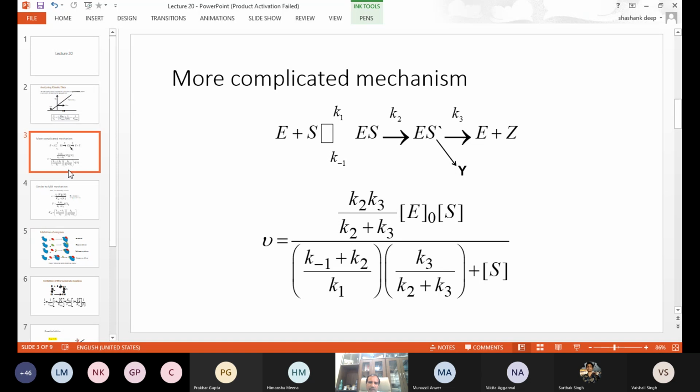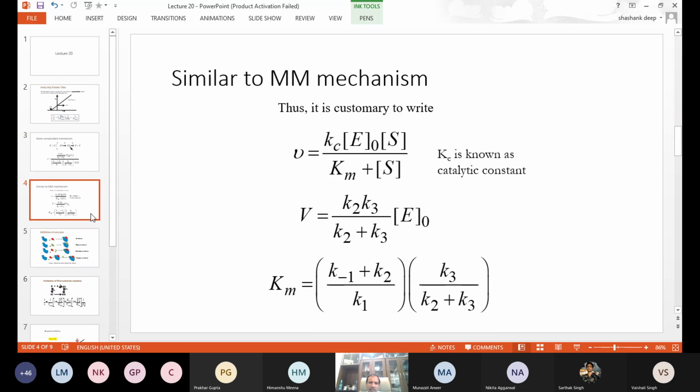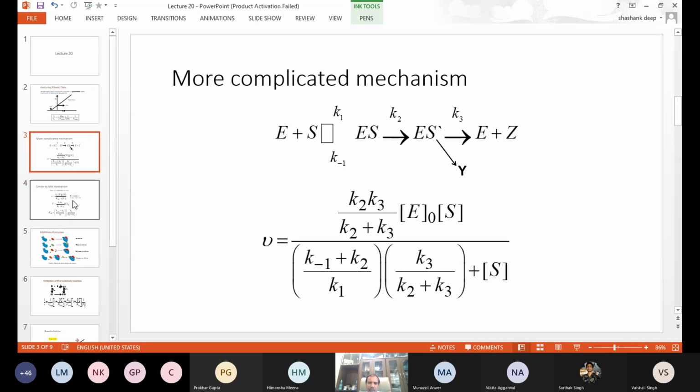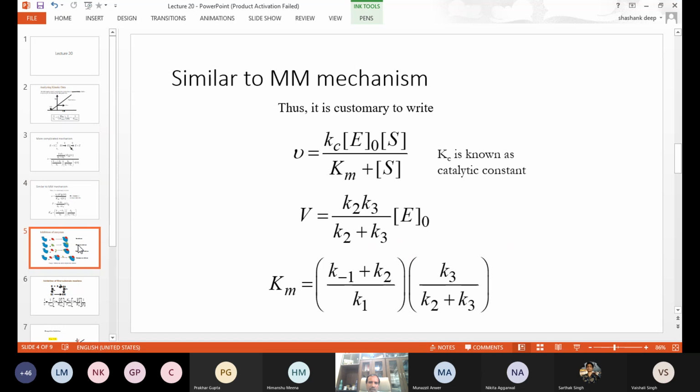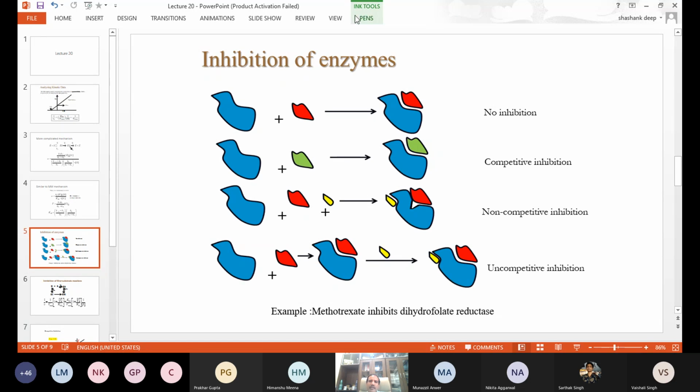Anyway, I have already discussed this thing. So now let us think about what different mechanisms we can think of. This blue one is simply the enzyme, and this red one is the substrate. If there is no inhibition, the substrate goes and binds to its active site.